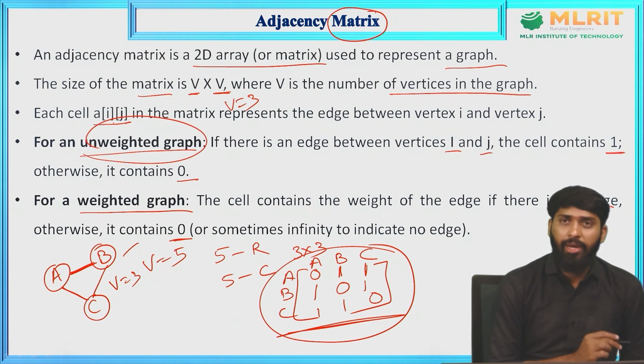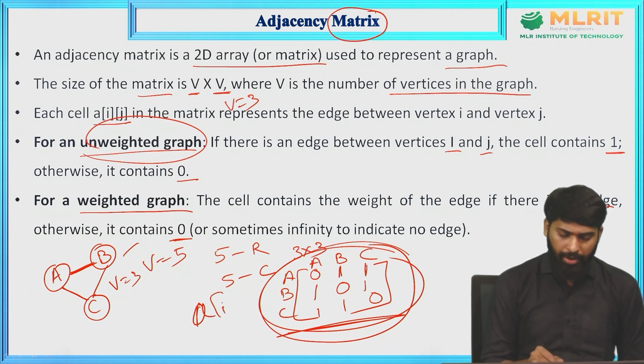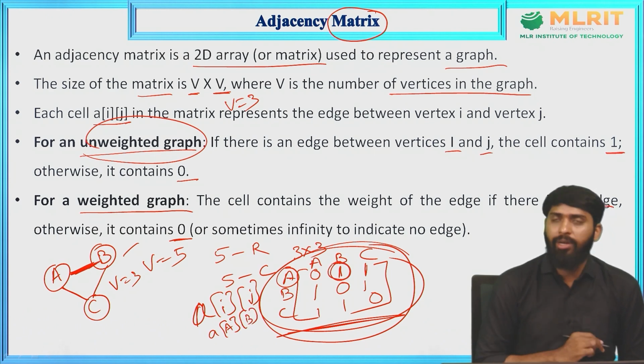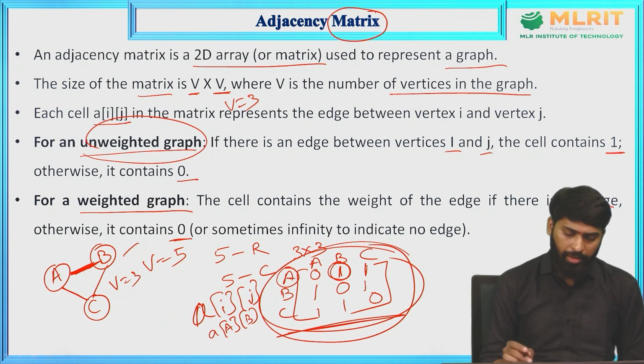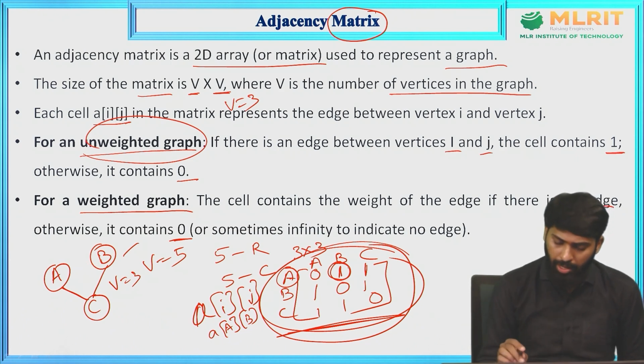Each cell is A of i j. For A, B, A is i and B is j. So A of A, B: yes, there is an edge, so we mention this as a 1. If there is no edge, then we write a 0. For example, if there is no edge between two vertices, we mention this as a 0.